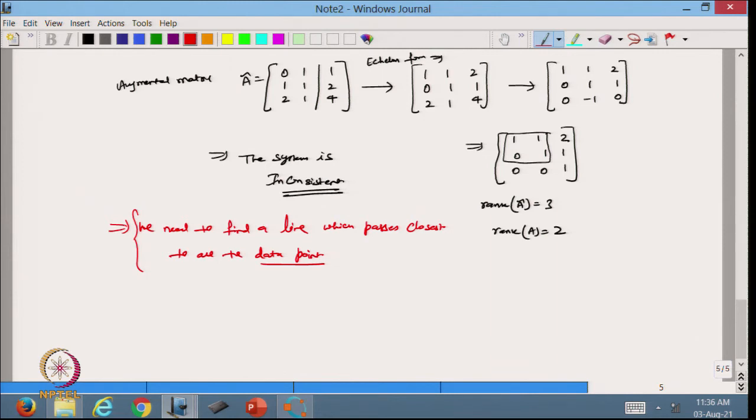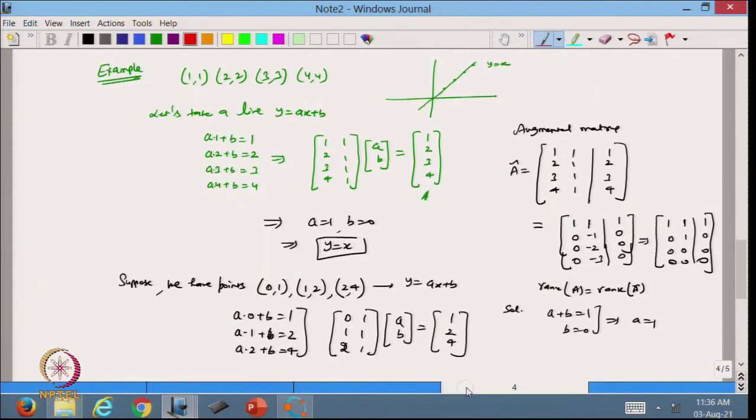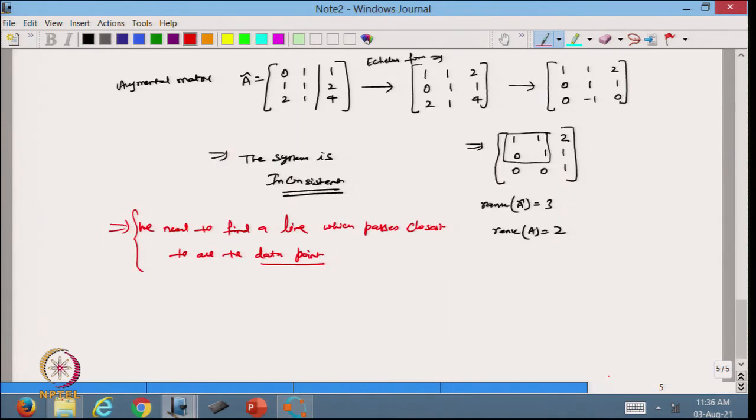So, now we are going to introduce an important thing. If you see from here, this is my matrix.